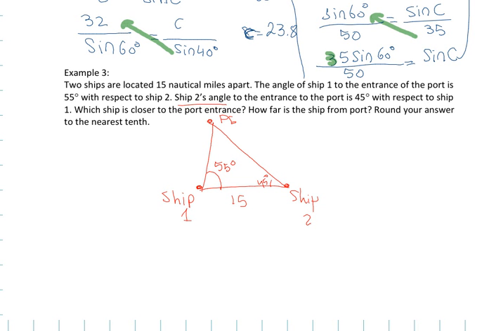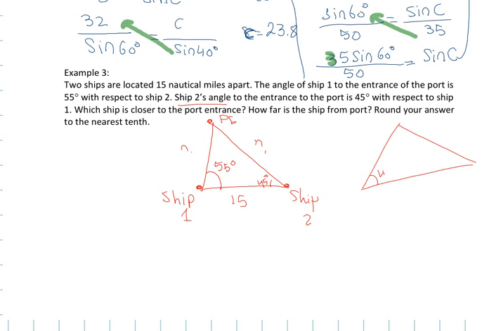So in this case, I am looking at how far or which ship is closer to the port entrance. So what sides am I looking for? Basically, I'm looking to find this side, and I'm looking to find this side because I want to compare them. Okay? So I'm going to redraw the triangle here.